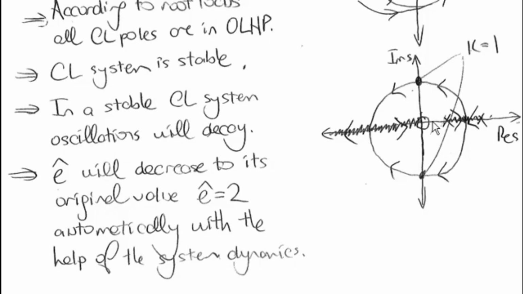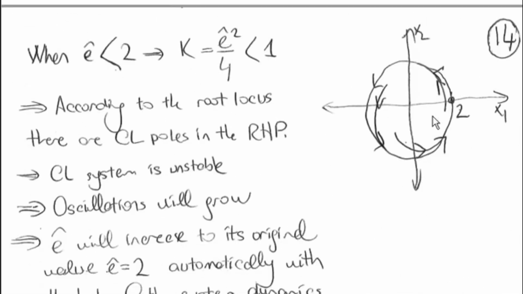This means that these oscillations are actually going to grow in magnitude. So when I have E hat smaller than 2, the system dynamics will increase E hat back to its original value, E hat equal to 2, which means that when we make the trajectories deviate from the oscillation here, they are going to be converging back.